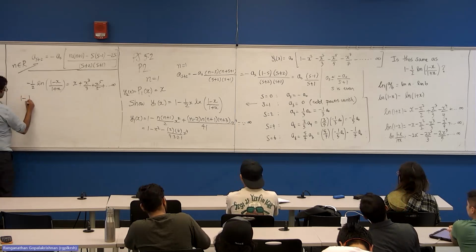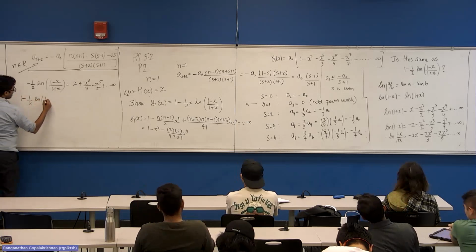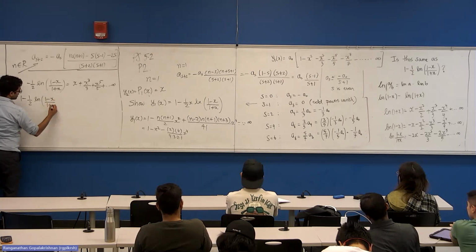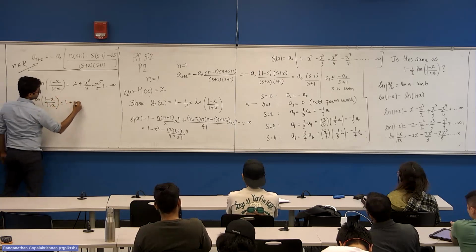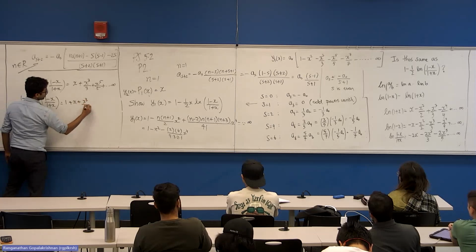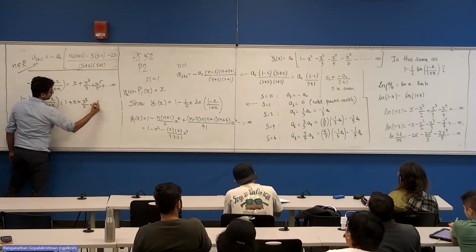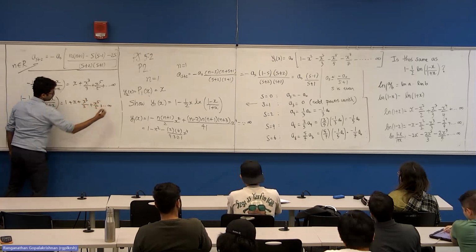So 1 minus half ln of 1 minus x divided by 1 plus x is 1 plus x cube over 3 plus x to the fifth over 5 and so on up to infinity.